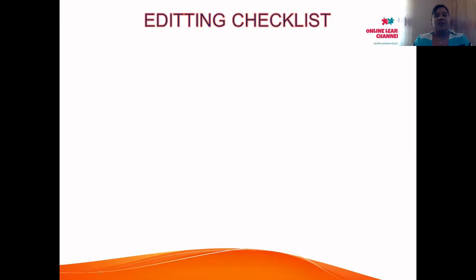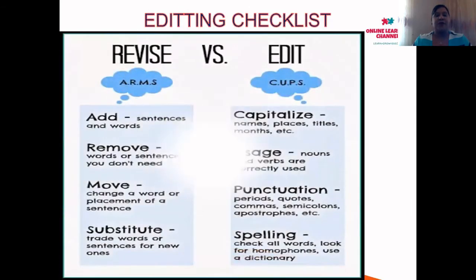Your editing checklist. So I'm giving you a nice little checklist that you can use for your editing. Revise versus edit. So under revise, look at the acronym ARMS. ARMS stands for add sentences and words, remove words or sentences you don't need, move, change a word or placement of a sentence, and substitute, trade words or sentences for new ones.